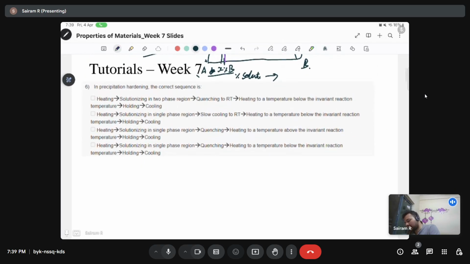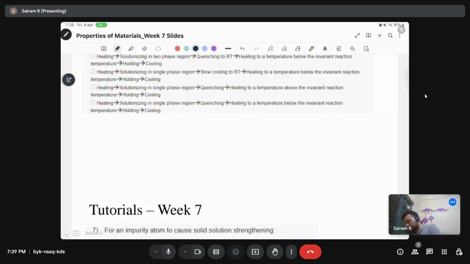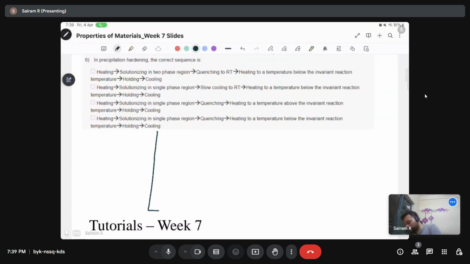And simultaneously I will draw a temperature versus time plot as well.